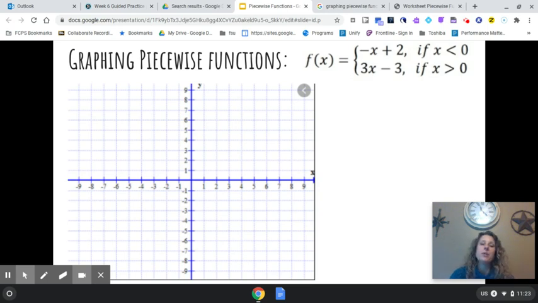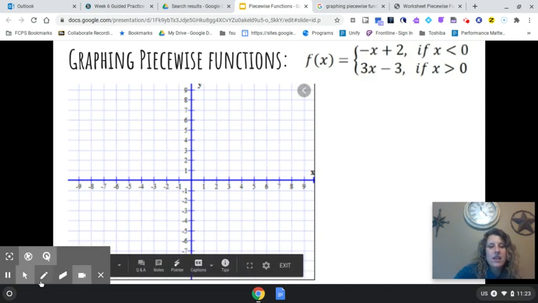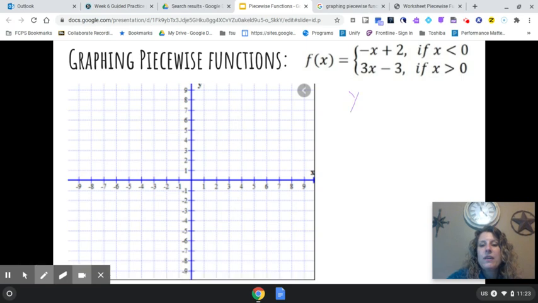So we've talked a lot about how to graph linear functions. So let's just take a look at this first equation. It says y equals negative x plus 2. So if we were graphing the whole entire equation, let's go ahead and get a graph started of what that's going to look like.